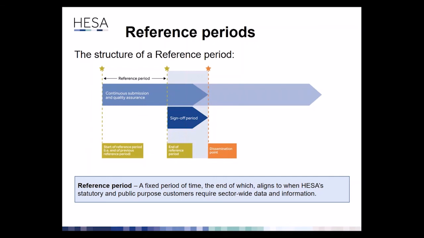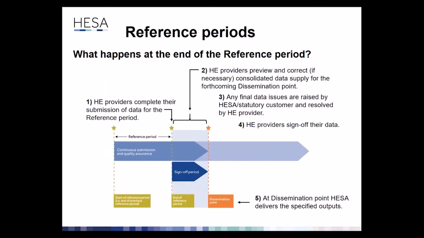So if I just move on to the next slide, HE providers complete their submission of data for the reference period, hopefully by the end of the reference period, but actually following that period the consolidated data for that reference period is brought together. HE providers have an opportunity to preview and correct, if necessary, that consolidated data supply for the forthcoming dissemination point.